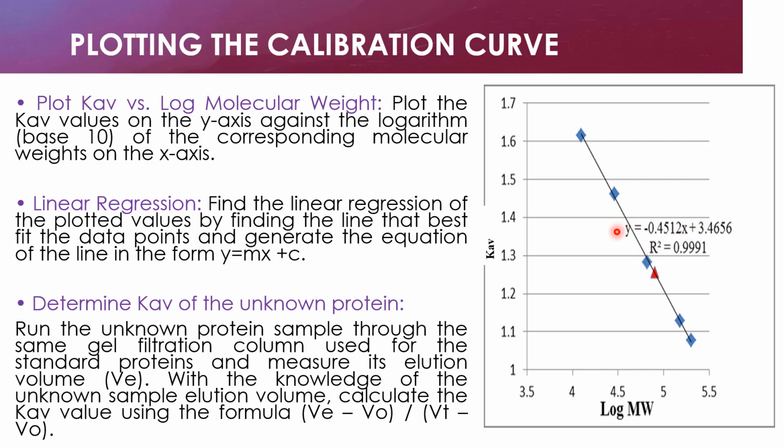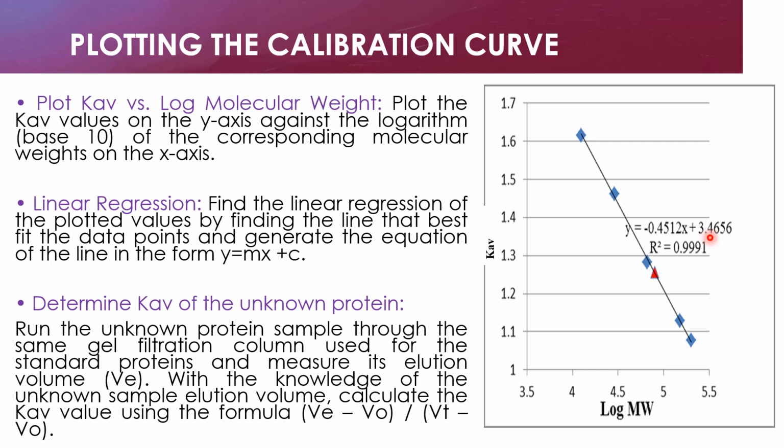From this calibration curve, this is the equation of the line, which gives us y equals negative 0.4512x plus 3.4656, where y happens to be the Kav values, negative 0.4512 is the slope, x is the logarithm of the molecular weight on the x-axis, and 3.4656 is the intercept.